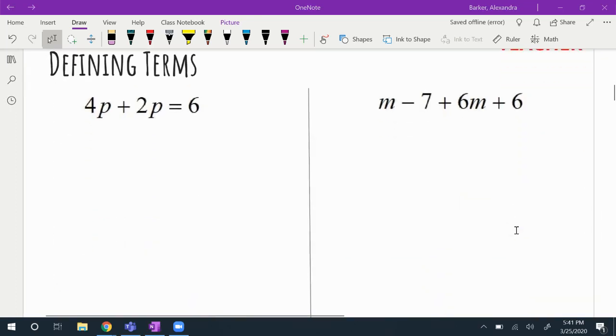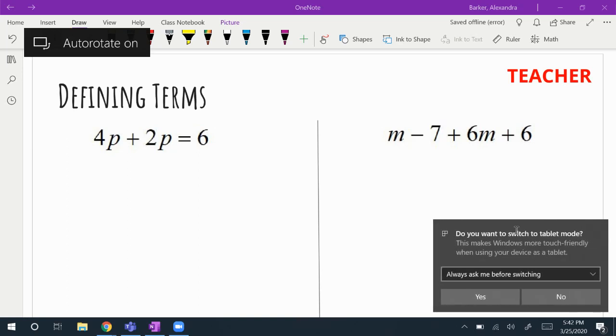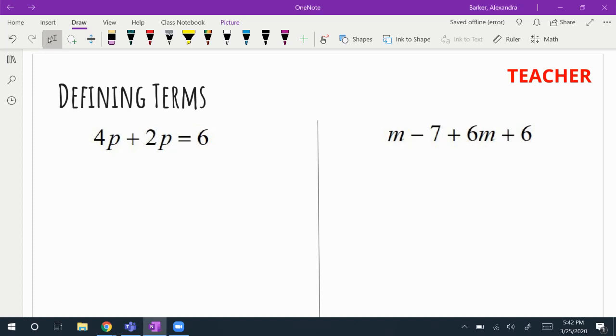All right, you guys, we are going to be reviewing what it means to combine like terms when we're solving equations. We were looking at two-step equations where we just had to add or subtract a number and then multiply or divide at the end.